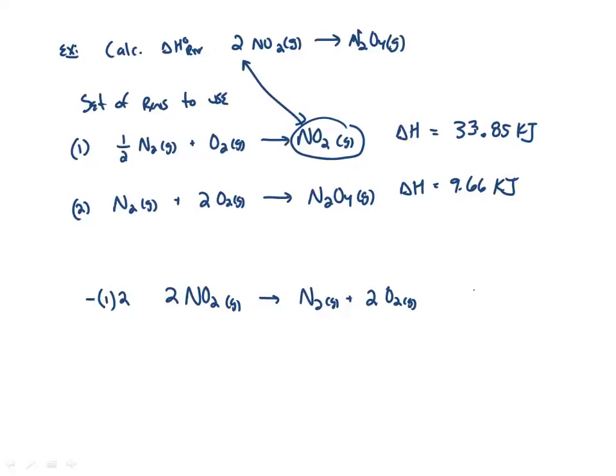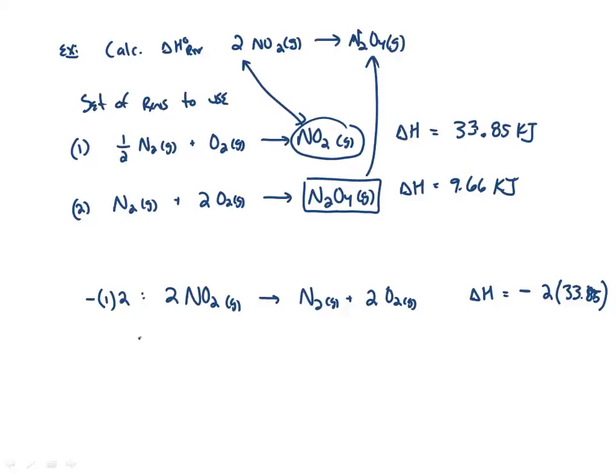And that means for the delta H value, I need to, first of all, reverse the sign, and then I need to multiply it by 2 to get the amount of energy change. And then note for reaction number 2, I can use that in the direction it's written in, because notice that the NO2 is on the right side of the equation.